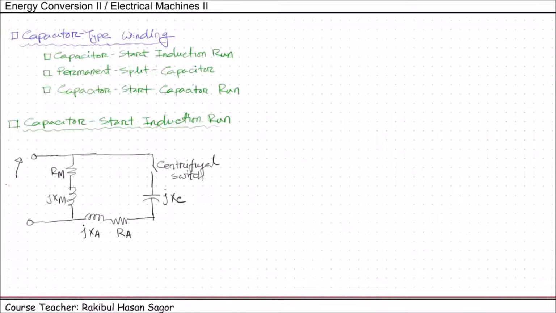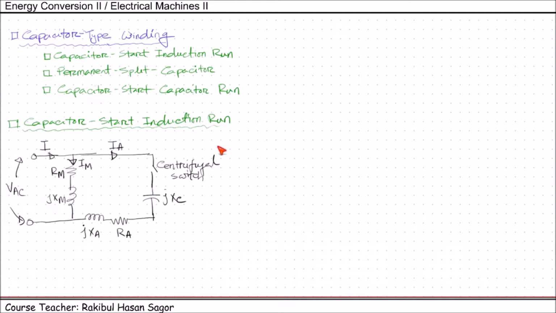Here we have the supply voltage V AC. This is the main winding current IM. This is the auxiliary winding current IA. This is the total current I. As we are using a capacitor here, it is possible to make the IA current lead the VAC supply voltage.